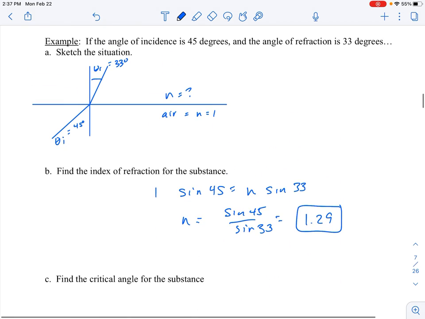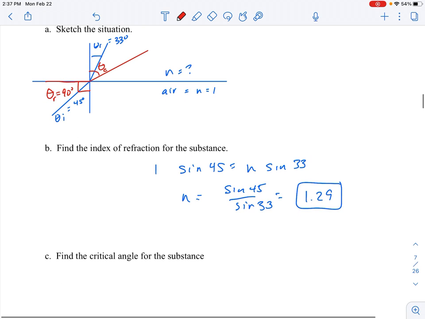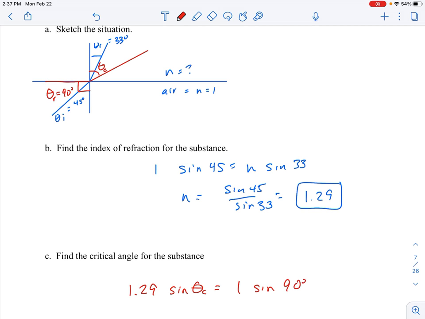Then it says find the critical angle for the substance. So what we're asking here is, if I were to turn the light beam around, what is the critical angle that produces a refracted angle of 90 degrees? I'm going to say 1.29 times the sine of the critical angle equals 1 times the sine of 90.